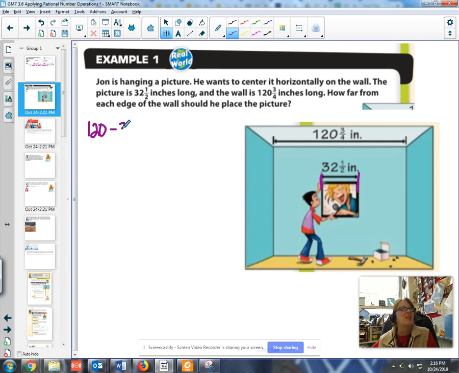My picture, it's a little more than 30. That leaves me with about 90 inches to work with for both of these together. So then when I divide those by 2, you'd get about 45. So I'm saying this should be around 45 inches. It's not going to be that exactly. It's probably smaller than that, but let's just see what happens, okay?